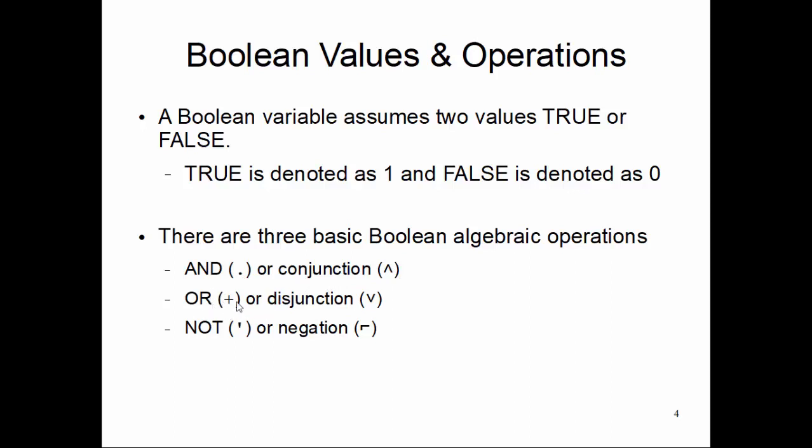OR we represent with a plus, and in the math world it's called a disjunction, represented with a V. NOT we usually represent with a tick mark, so A tick means NOT A. Sometimes we use a tilde, so tilde A is NOT A. Sometimes we use an exclamation mark followed by the variable name.